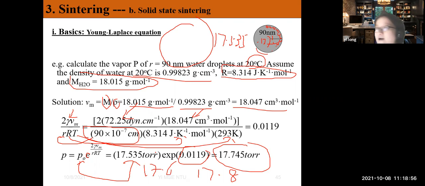Now I change the R into 900. 17.6 or 17.8? Someone answered 17.6. Any more answers? Which one are you going to choose? Excellent, 17.6. So you go back to calculate.